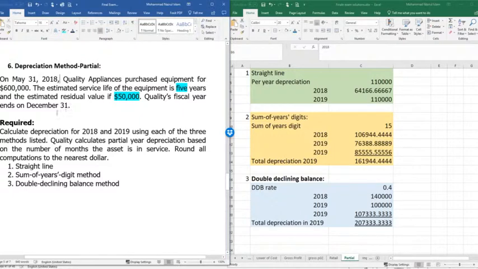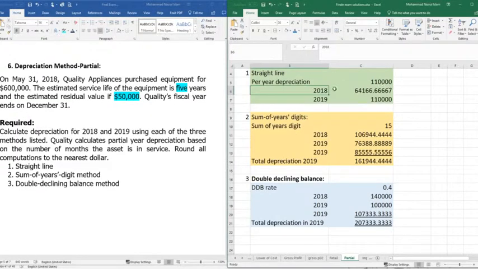It means that we will not be calculating May because it started on May 31st. So we will start from June: June, July, August, September, October, November, December. So 7 months, right? So for 2018, our depreciation would be 110,000 multiplied by 7 over 12.